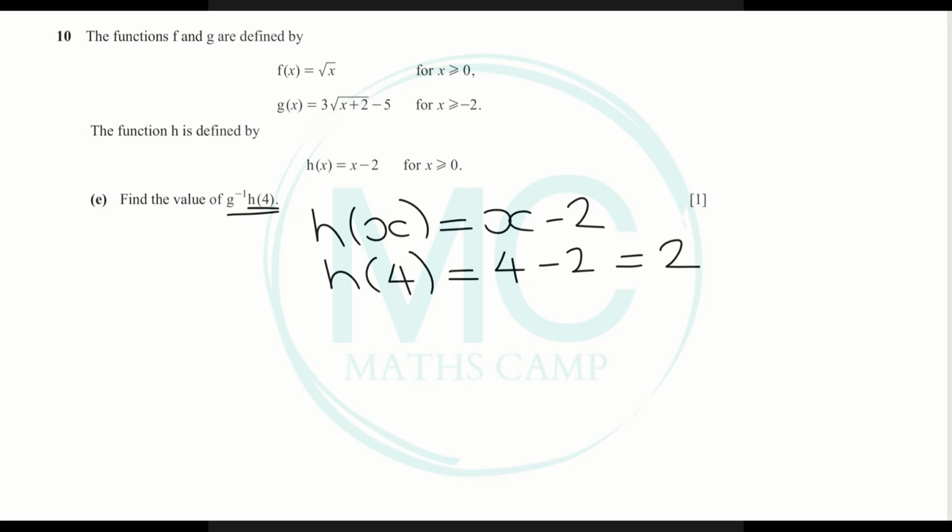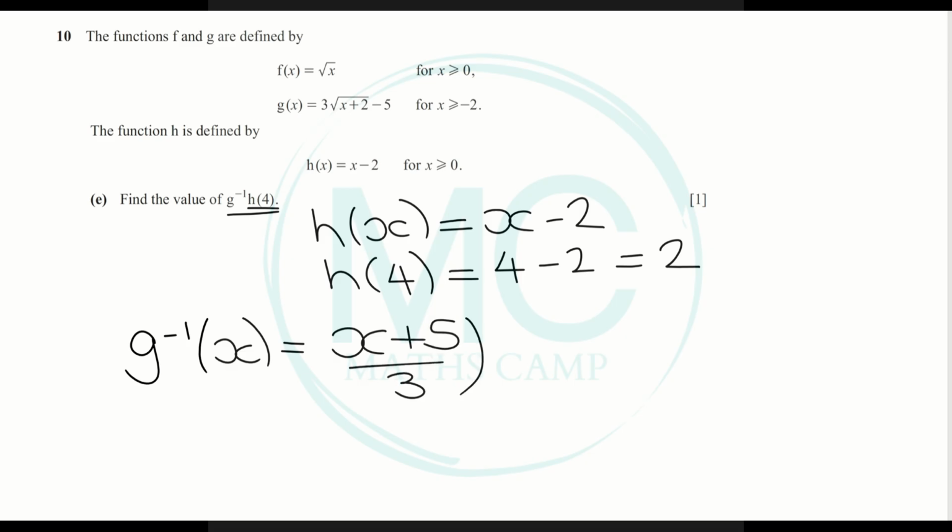Now we can substitute 2 into the inverse function of g. We know that g to the negative 1 of x is equal to x plus 5 over 3, squared, minus 2.